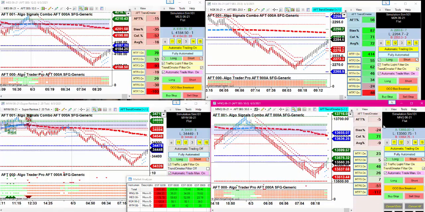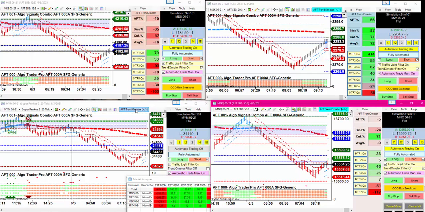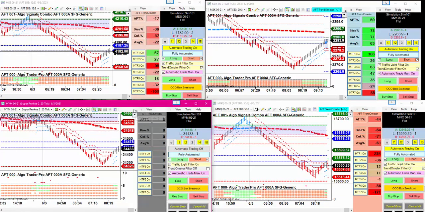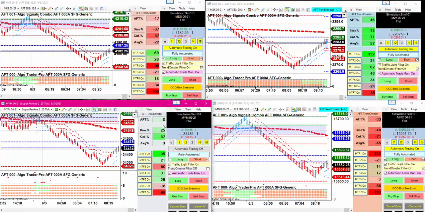That's minus 5, so no clarity there. On the MYM, let's turn the Trendometer on here. It's populating. Right now we're looking at a mixed bag. We don't have any clarity to the upside or to the downside as far as potential follow through at the open.